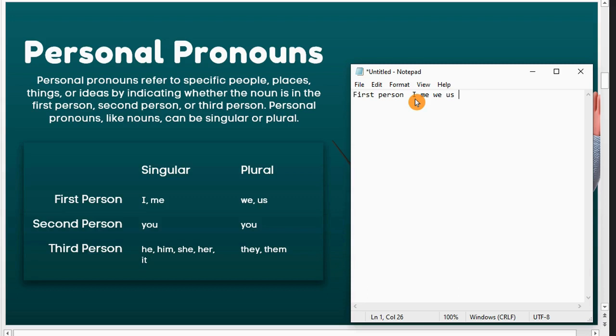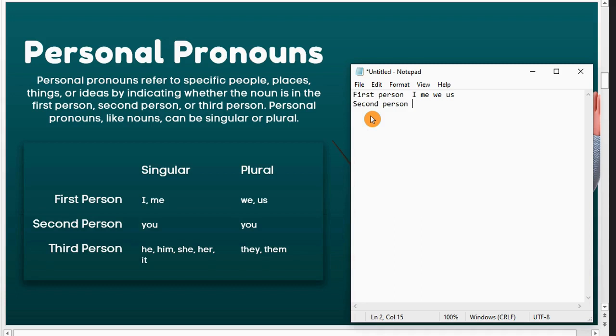So this is first person, where we talk about our personal conversation and personal things. Second person is you. When I talk about myself, it means first person: I, me, we, us. If I talk about you, then you are the second person.